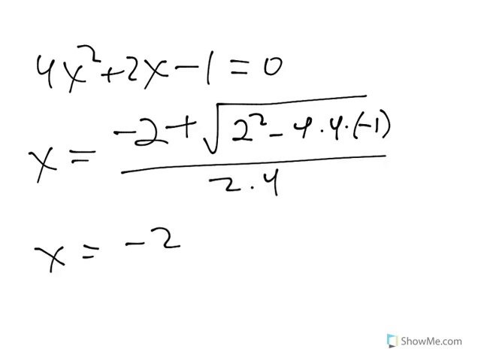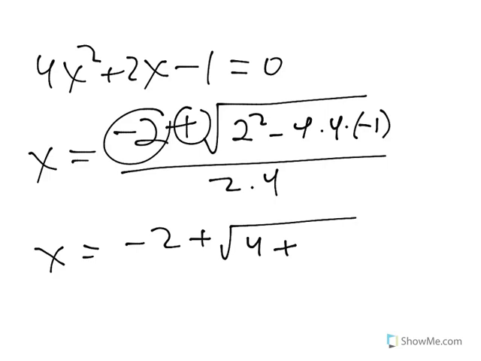X equals minus 2. Yeah, I definitely want a plus here because if it's negative 2 minus, it's going to be negative. Well, of course, sine of 18 is going to be a positive number. So it's minus 2 plus the square root of 4 plus 16.